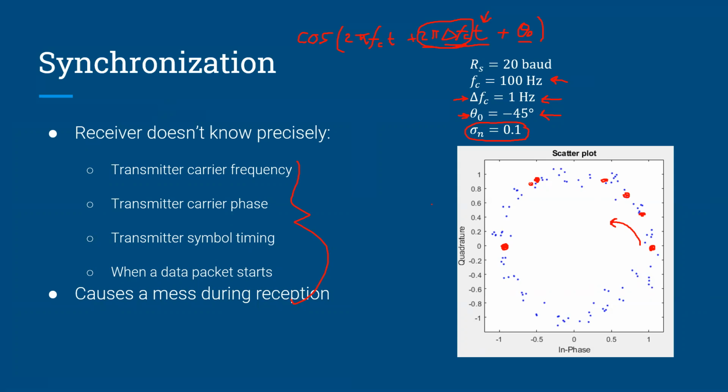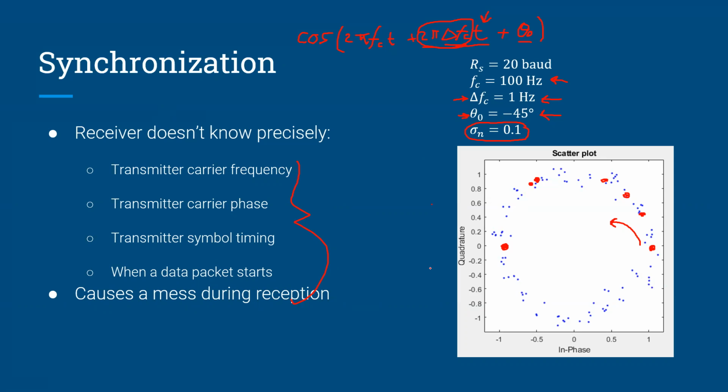As long as they're close enough together, basically not enough time has passed for you to start rotating around the entire constellation diagram, then you're okay, right? So the shorter the duration, the larger frequency offset you can tolerate. Though, to a certain extent, because if your symbols are too slow, then you start rotating a lot.